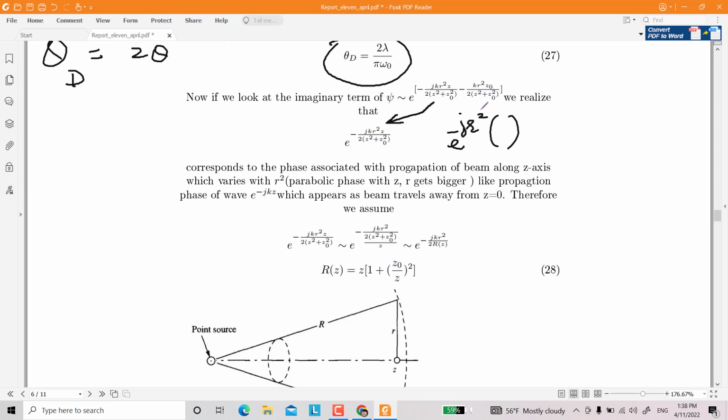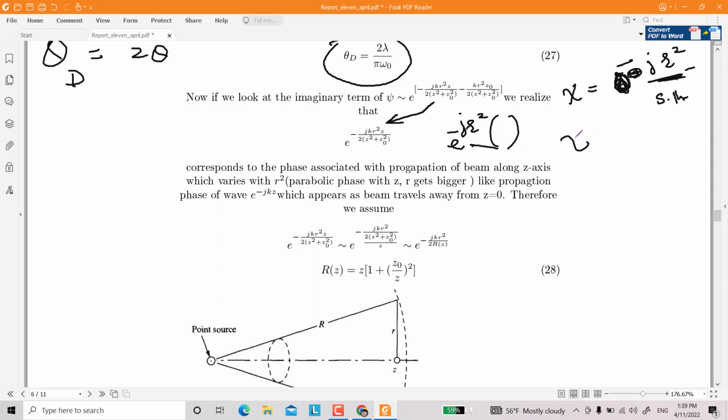So what is this? The answer is, this phase is like a parabolic function in r square. If we call this phase chi, that is something times j times r square, then you can see, I should better call this thing something else.